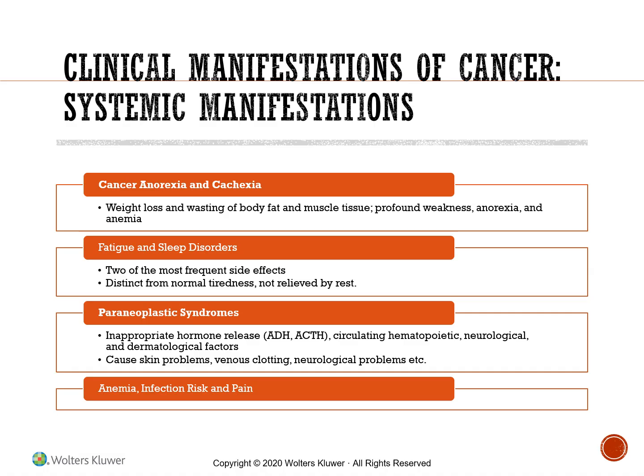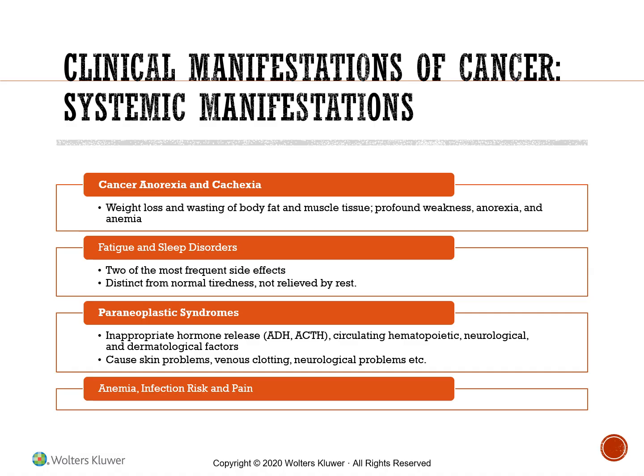The tumors themselves can release circulating hematopoietic hormones. These are things that can affect things like blood coagulation. So in patients with malignant neoplasms, we tend to see a much higher risk of the development of clots, especially in the venous system, because of these things being released from the tumors themselves.